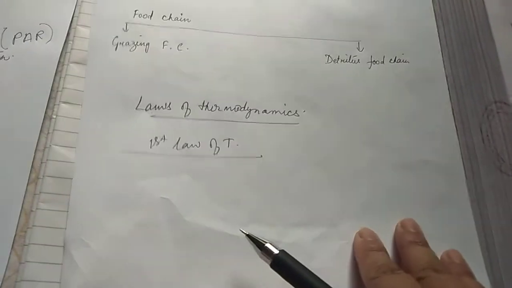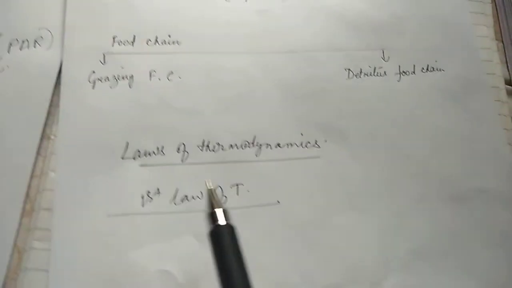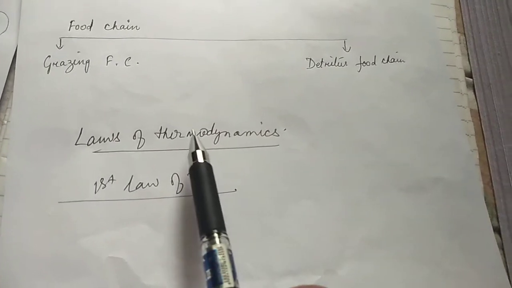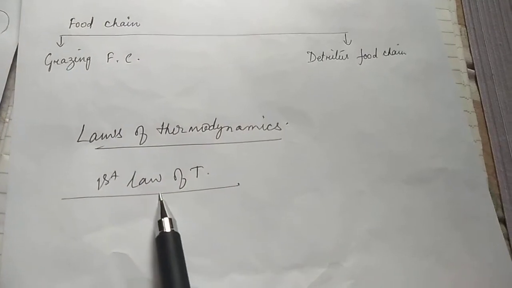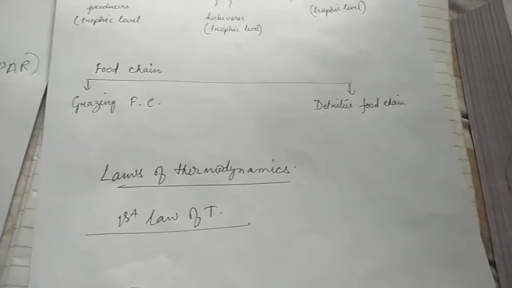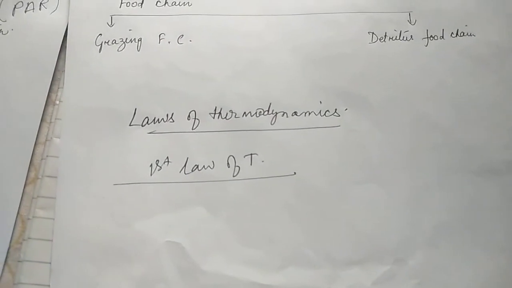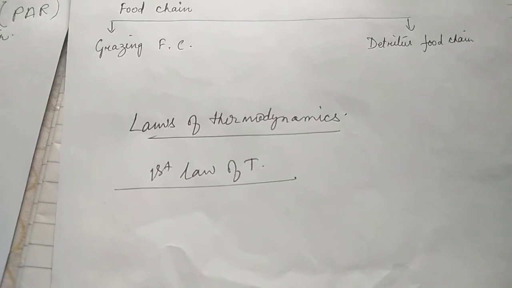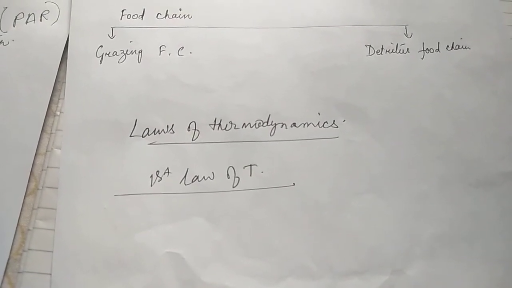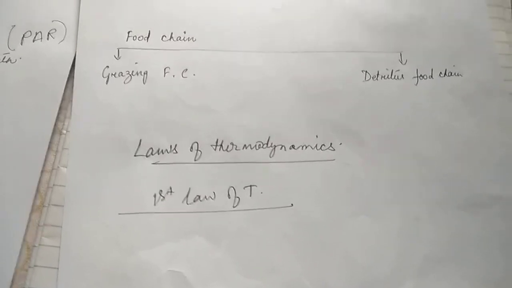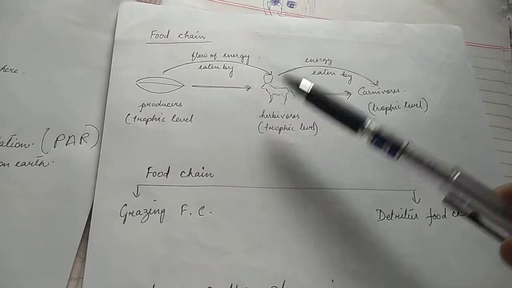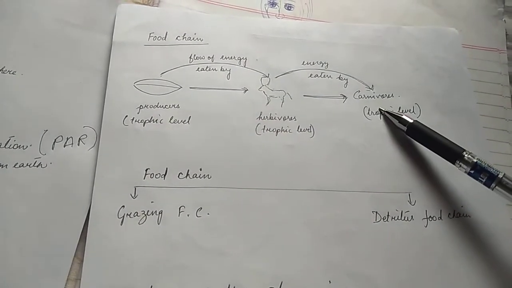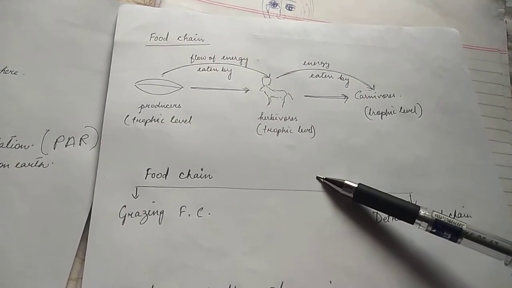The flow of energy in the ecosystem also follows the laws of thermodynamics. According to the first law of thermodynamics, energy cannot be created or destroyed but can be transformed from one form to another. So here the energy is transformed from producers to herbivores, herbivores to consumers, then to decomposers.